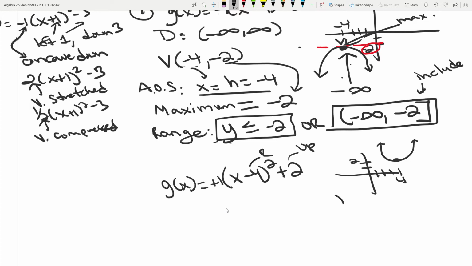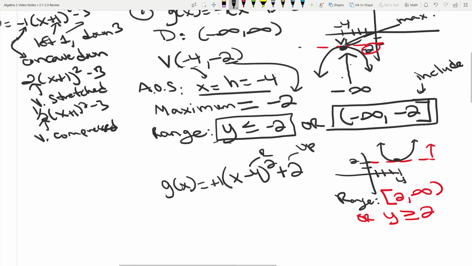In this case, the minimum y value is 2, and then it only goes up from there. So you would say it starts at 2 and goes up to infinity. Or you could write y is greater than or equal to 2. So there's another little mini example in case you needed to see how it looks if the graph is going positive.